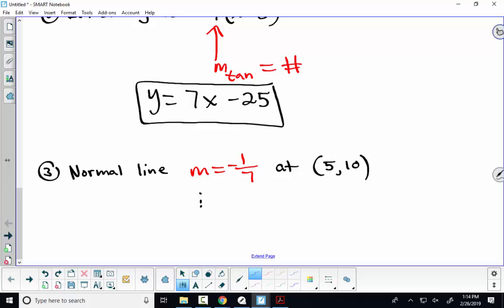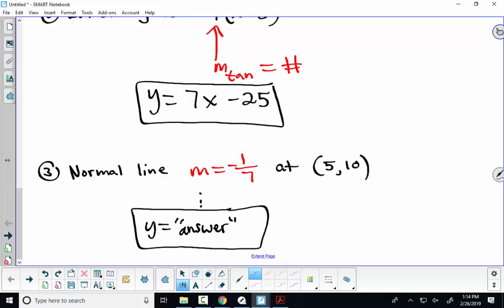Is that all right? Do you have any questions over that? So whatever you're computing with the -1/7 at (5, 10) is your answer? Yeah, right. Whatever line we get as that result is our answer. So do we actually have to compute the equation of the tangent line?